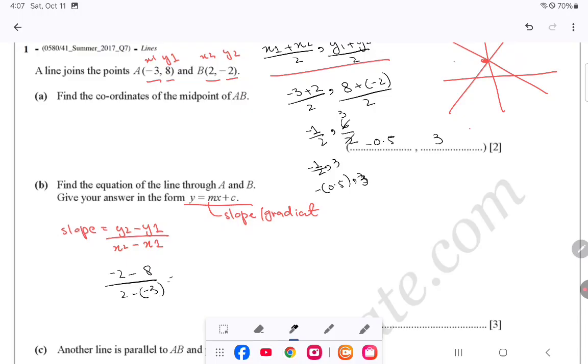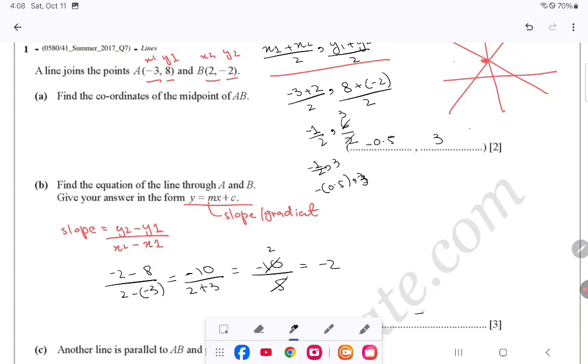If we simplify, we will be left with -10 over 2 plus 3, which is -10 over 5, and when we solve it further, we will be left with -2.